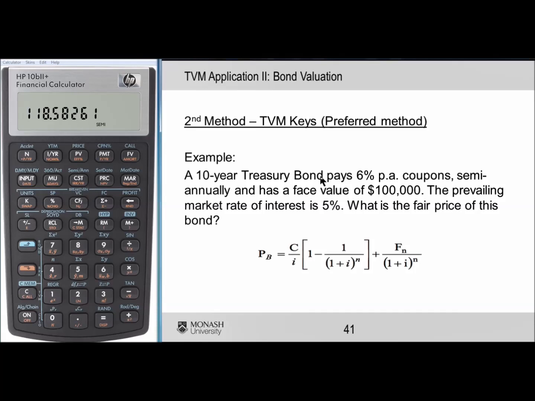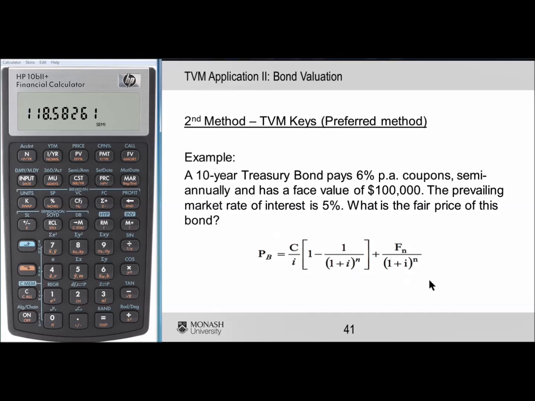Second method, using time value of money keys. When the problems do not include the exact dates, TVM keys is a preferred method. The cash flow of a coupon paying bond includes the regular payment of coupons for the term of the bond, and we also have a face value at the end of the maturity. So this is a combination of an ordinary annuity of coupon payments for the term of the bond and a single sum of the face value at the end of the maturity.